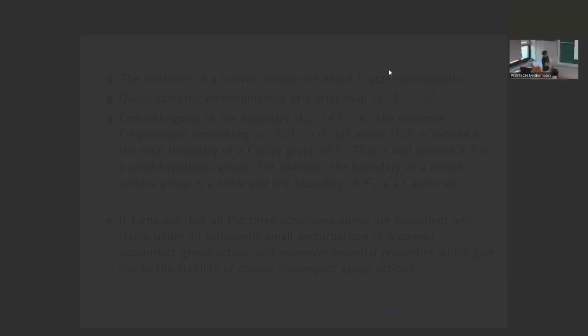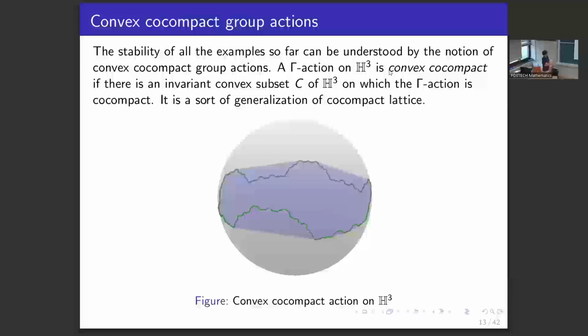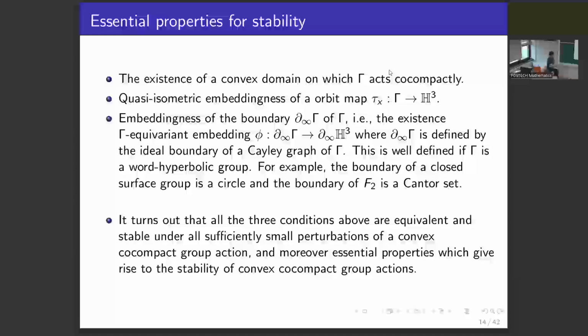Because the gamma action on this convex set is co-compact, by the Milnor-Svarc lemma, the orbit map is a quasi-isometric embedding. So the quasi-isometric embeddedness of the orbit map is also a key property for stability.